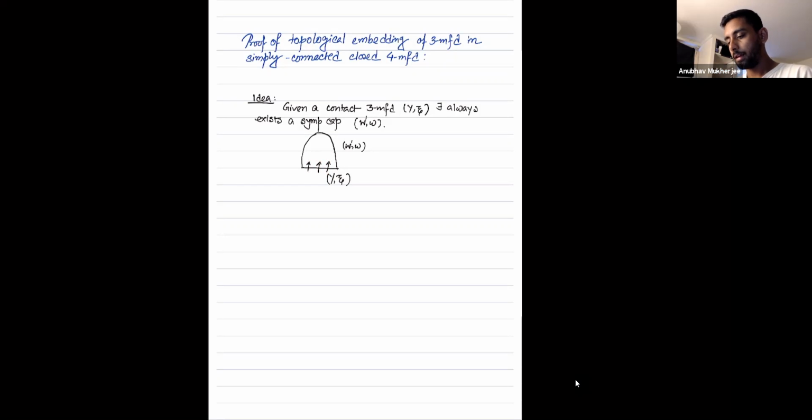And the interesting thing is that if you give me any contact 3-manifold (Y, ξ), there always exists such a symplectic cap.